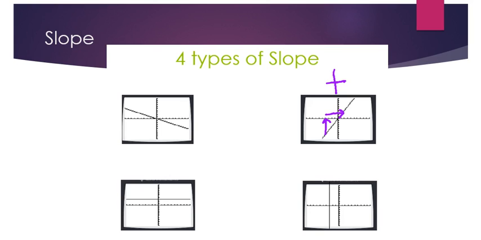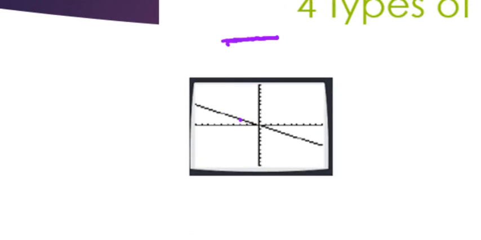The other type of slope is negative. On the negative slope, you're going to have where you're going down, or you'll be moving to the left. So you can look at it either way. If we look at it like we're moving down, we move down and to the right to find our next point.